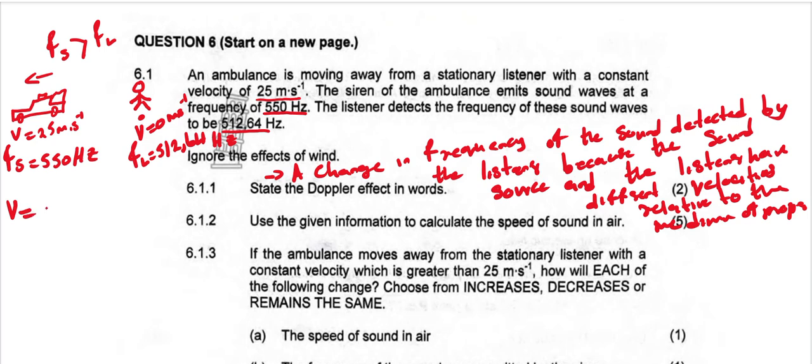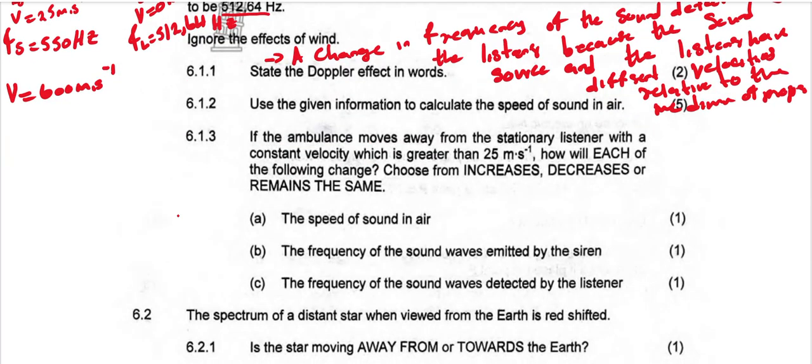Maybe the velocity is 600 meters per second. The ambulance is now moving with 600 meters per second. Do you get me? And then they say how each of the following changes.